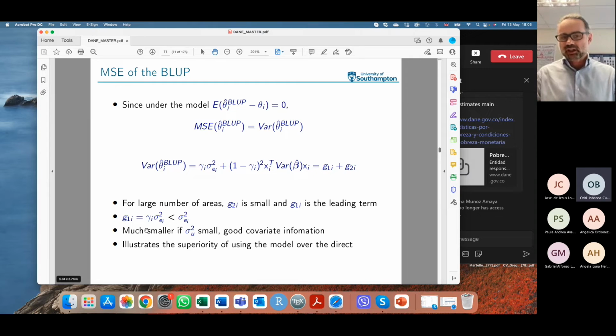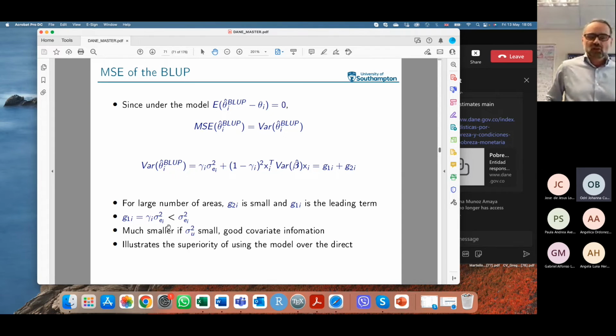The first part is equal to gamma i times sigma squared e_i, and because gamma i is between 0 and 1, that will be less than sigma squared e_i. So under the model you are getting a reduction: with the direct estimate you have the sampling variance sigma squared e_i, whereas the G1 term is equal to gamma i times sigma squared e_i.